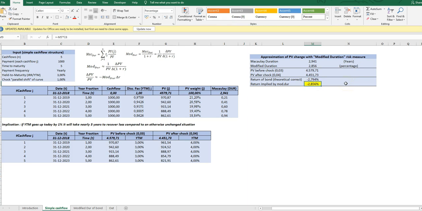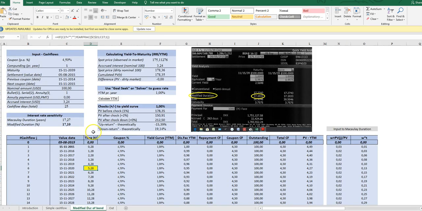But it's not exactly the same, and that's because of the approximation, because we are working now with non-infinitesimal changes. And as we will see in later presentations about convexity, much of it can be captured by another approximation adjustment called convexity. Alright, that's the bond duration, Macaulay and modified. Let's look at the bond.